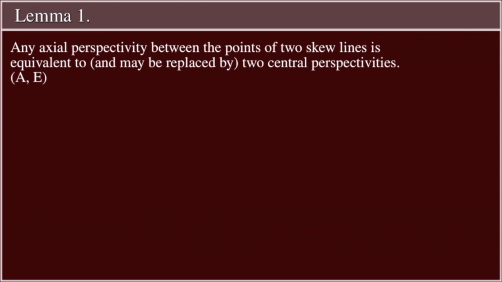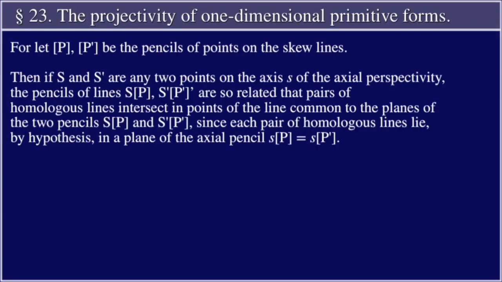Assumptions A and E. For let the ranges P and P' be the pencils of points on the skew lines. Then if S and S' are any 2 points on the axis S of the axial perspectivity, the pencils of lines SP, S'P' are so related that pairs of homologous lines intersect in points of the common line to the planes of the two pencils SP and S'P'.